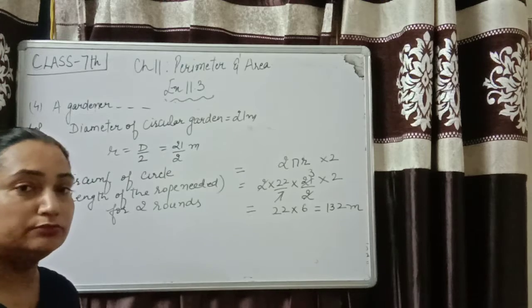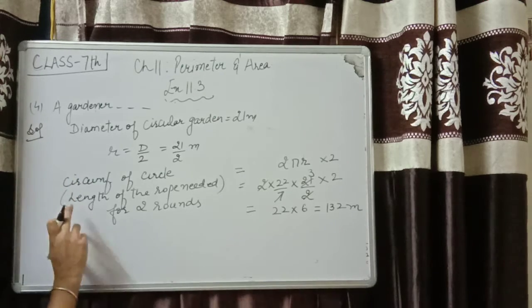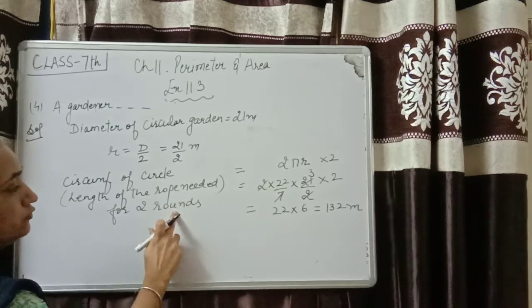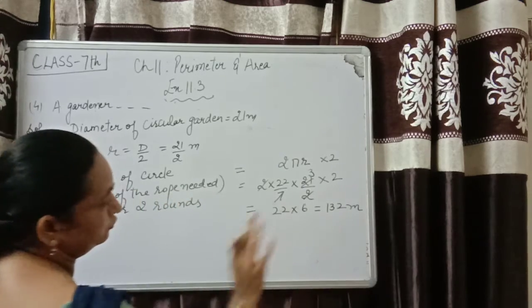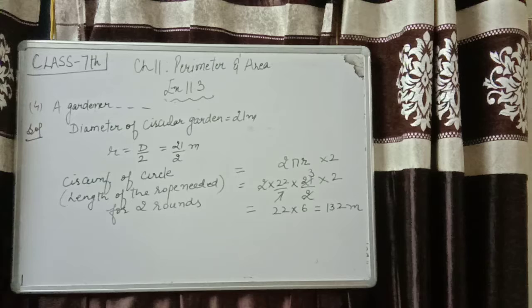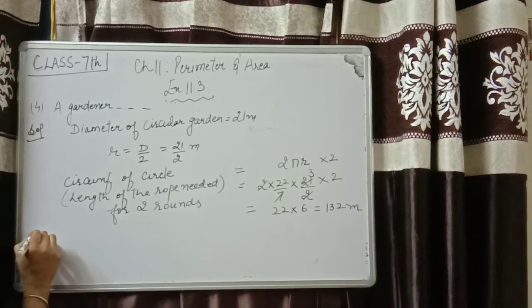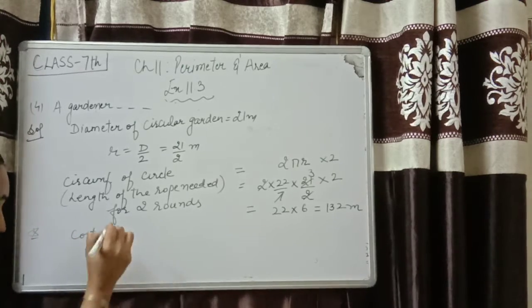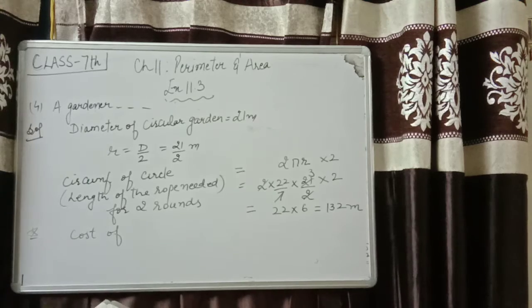For 2 rounds, what is required, as asked in the question, is the length of the rope needed for 2 rounds, that is 132. So it is 132 meter, and after that we have to find the cost. So this is the first part, and the second part is what? Cost of rope.